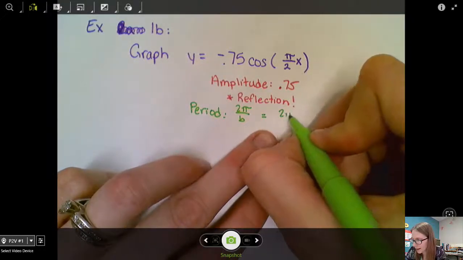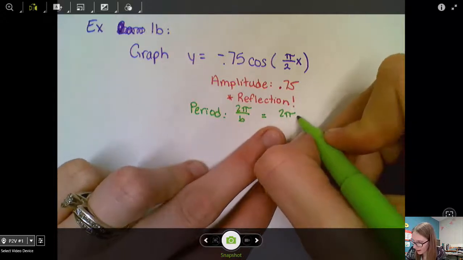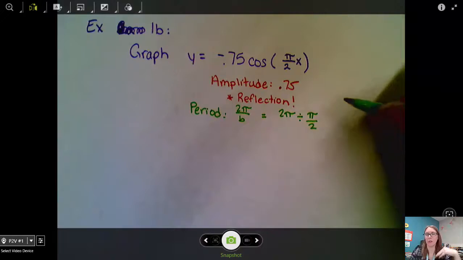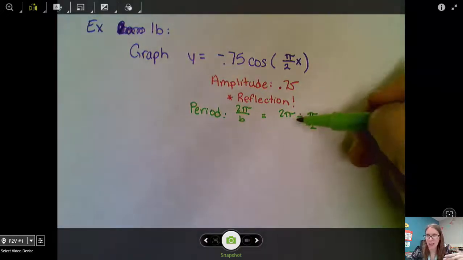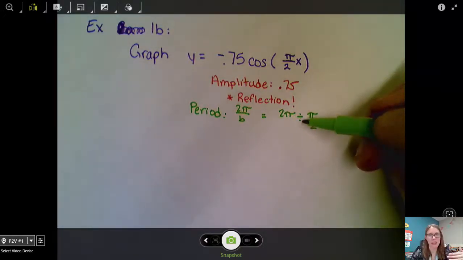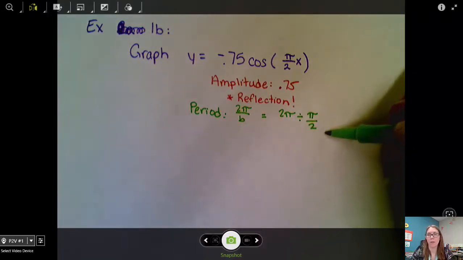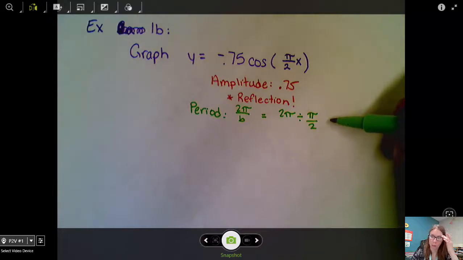So 2 pi divided by pi over 2. And instead of writing it as a fraction over a fraction, I'm going to write it this way. This will make it a little bit easier as we keep going forward. So 2 pi divided by our number in front is going to give us the period.